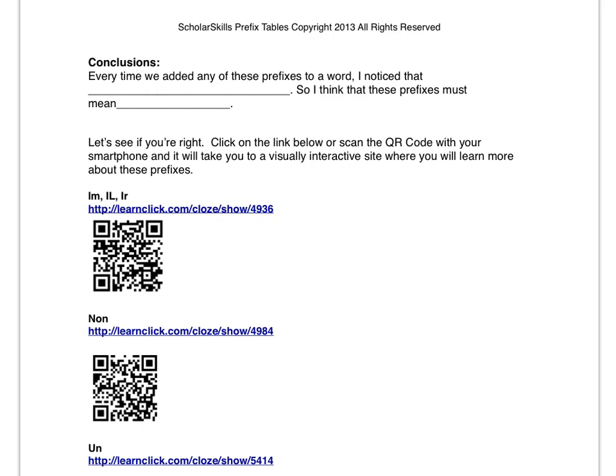So the conclusion is every time we add any of these prefixes to a word, what do we notice? We notice that the word became negative, became the opposite of the other word. And so we'd say these prefixes must mean not. Very simple.